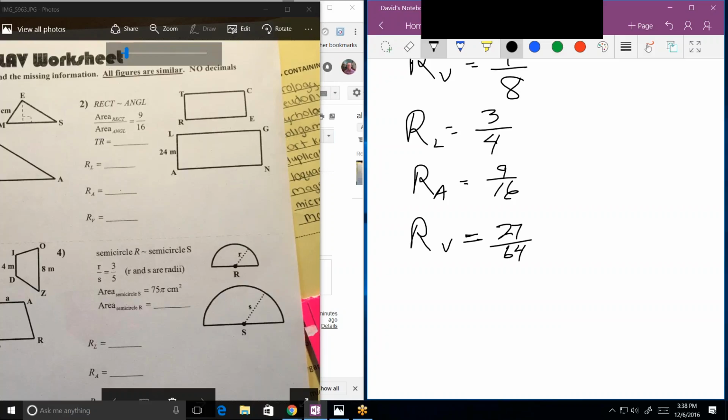That's the linear ratio. But we have to convert this 24-meter distance into an equivalent distance for TR. Well, if the linear ratio is 3/4, then I need to multiply 24 by 3/4, right? Mm-hmm. Or I could use these ratios again, 3:4, as TR, the small side, is to the bigger side. And then if you solve that, you'll notice that you're multiplying 3/4 times 24. So TR is 18.